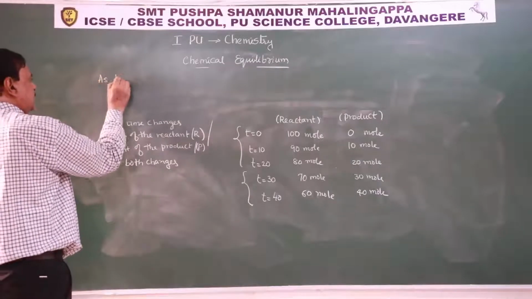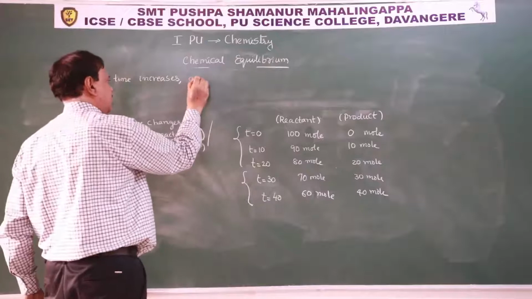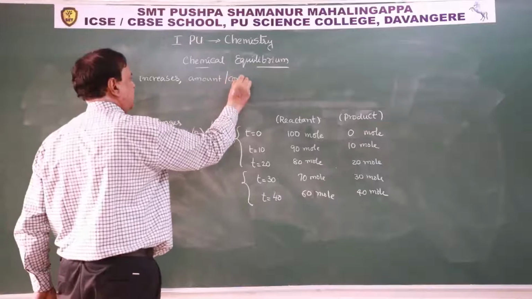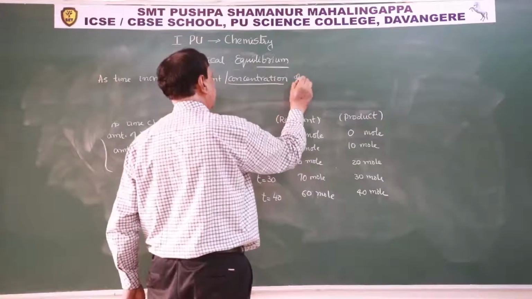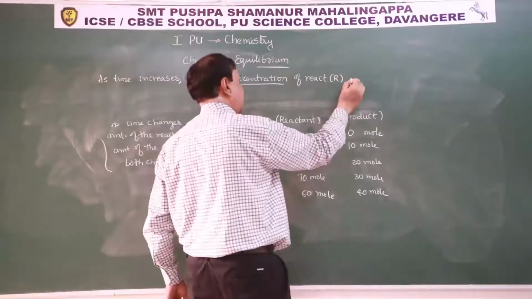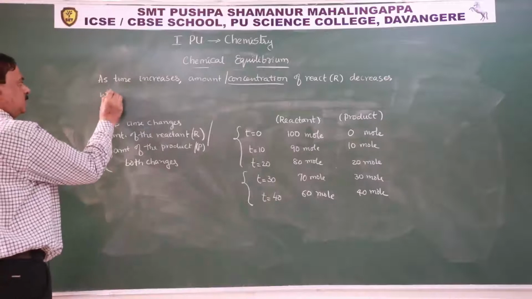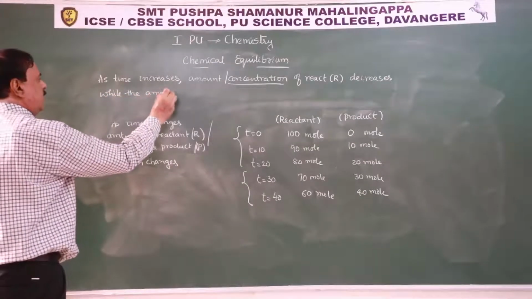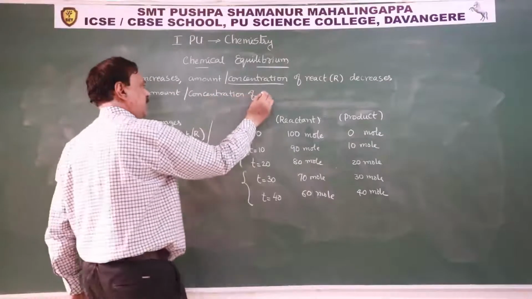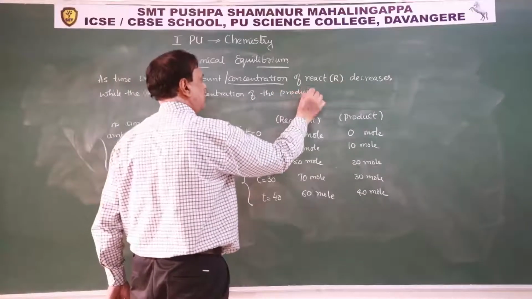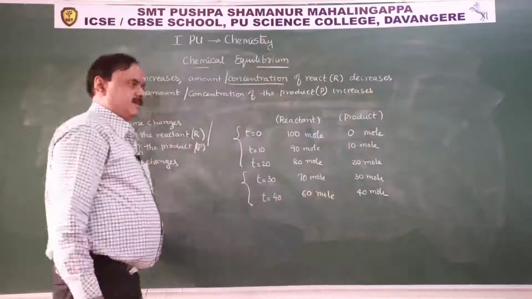As time increases, the amount of the reactant, or you can call it the concentration of the reactant, decreases, while the amount or concentration of the product P increases.